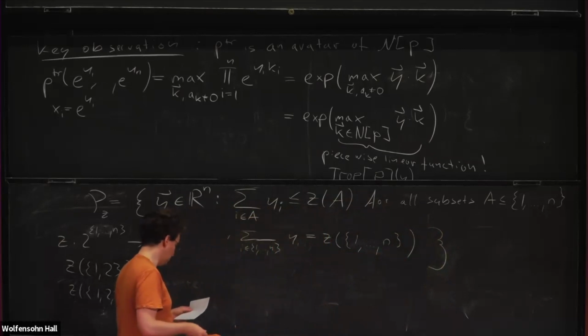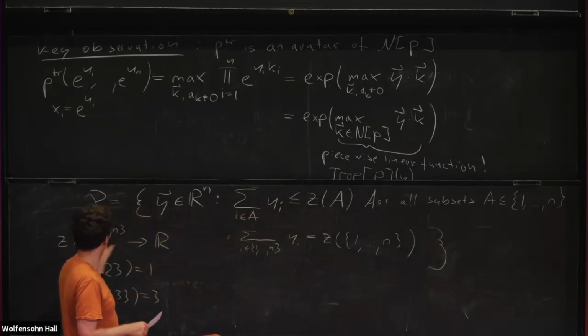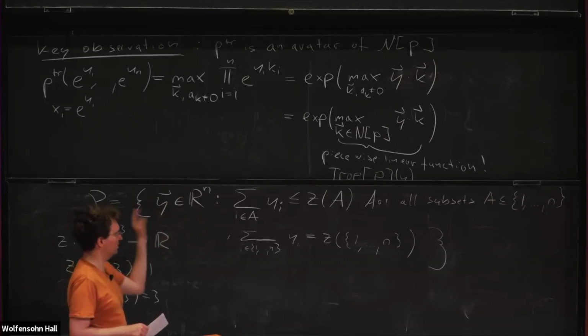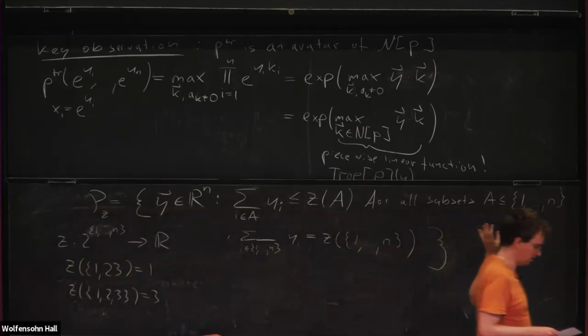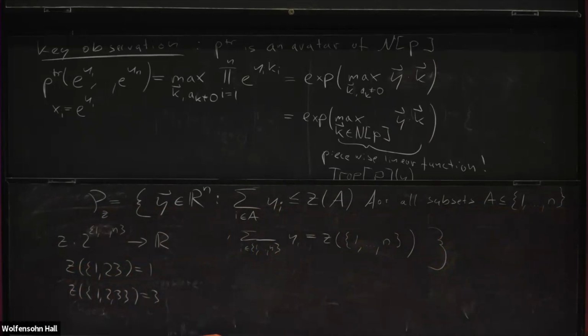So I mentioned that the z also has some extra condition that it has to fulfill. But this is roughly the definition of a generalized permutohedron. So these are specific polytopes that are described by specific inequalities.